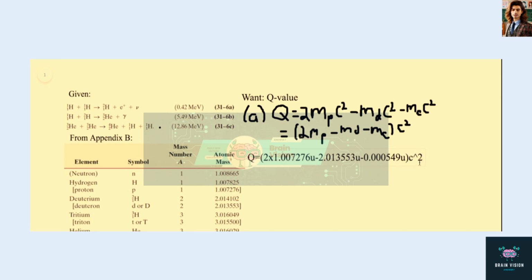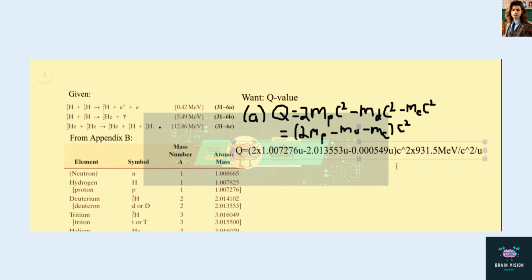So we'll need a conversion factor, which is 931.5 mega electron volts per c squared per u. And so you can check that the units all cancel out to give us the result in mega electron volts. And you can put that into a calculator and verify that it does in fact equal close to 0.42 mega electron volts. Equals approximately, I'll do a curly equal here.